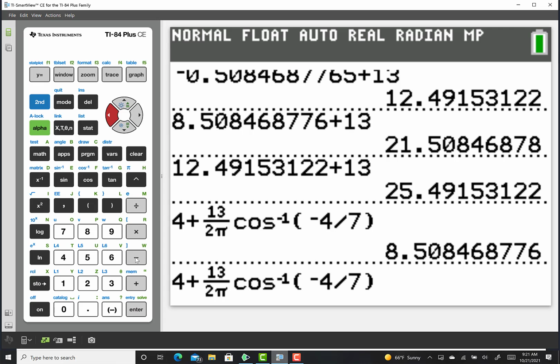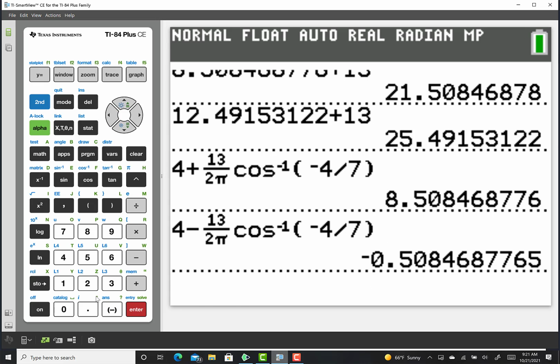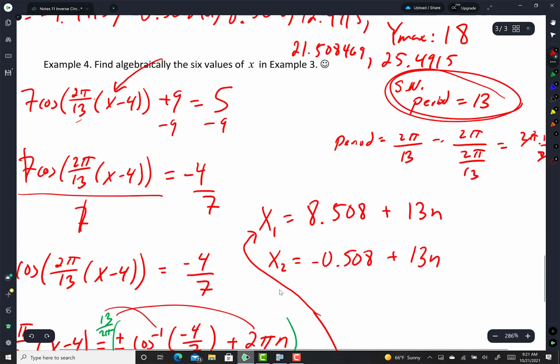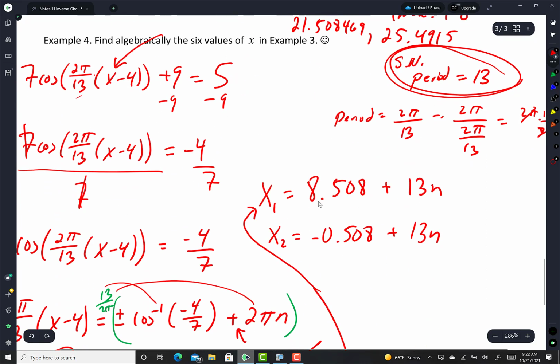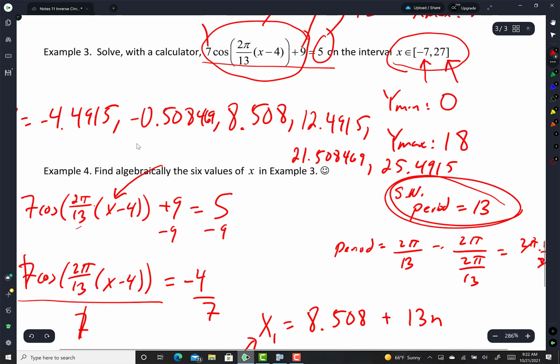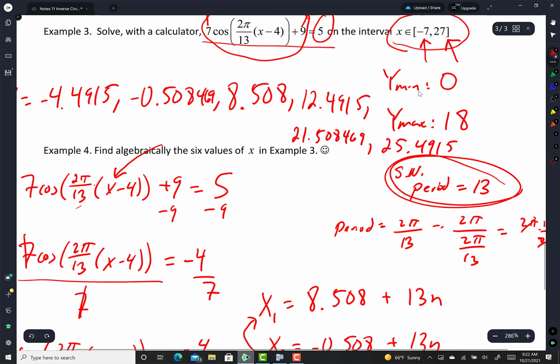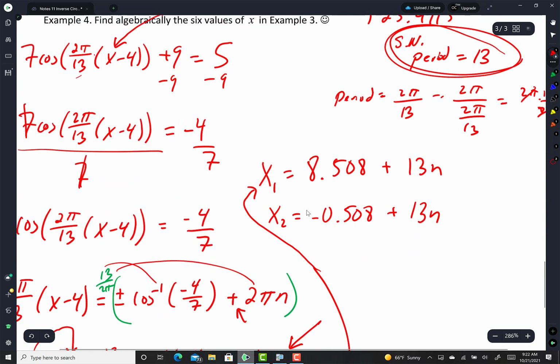So, are we going to get a number that's minus negative 1.9? All right. Here comes the question. How come I don't have this negative 4.491? Well, because first and foremost, the calculator spit out 8.508 and negative 0.508. But can I get the negative 4.4915? Yes. You and I know that the domain is between negative 7 and 27. Yes or no? Yes. So let's just start with the wrong one.